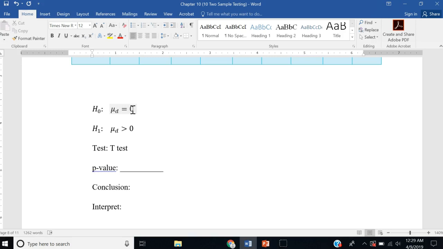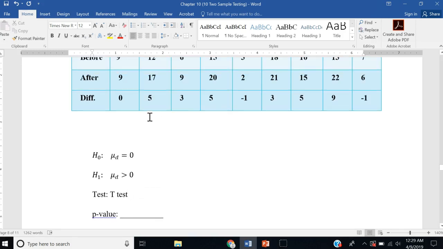And what we're going to end up doing is putting in the differences. Notice how we have raw data here. This difference row is going to go into, let's say, list 1 of my calculator. So we go stats, edit. List 1 is going to take the differences.